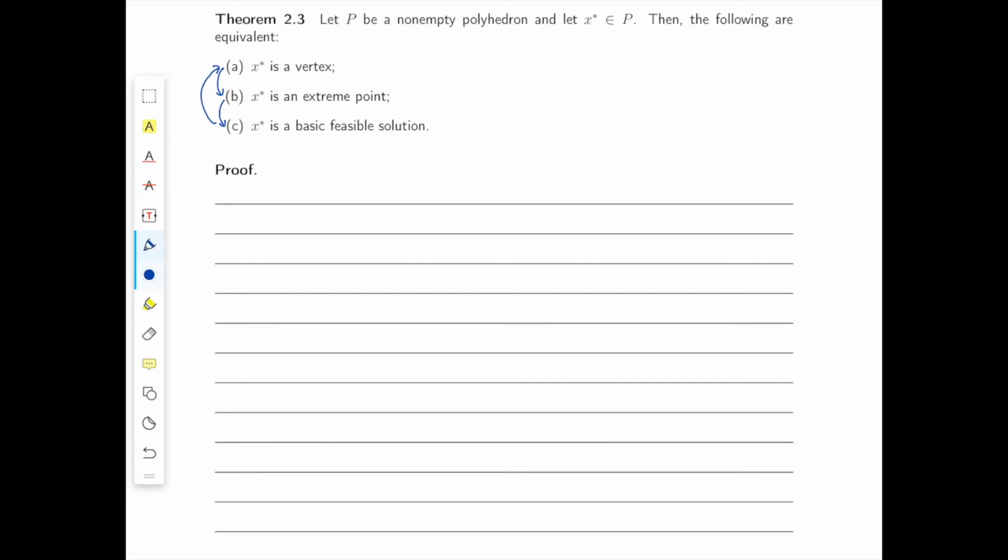Before starting to show these three implications, let me settle some notation regarding how our polyhedron P is given to us.